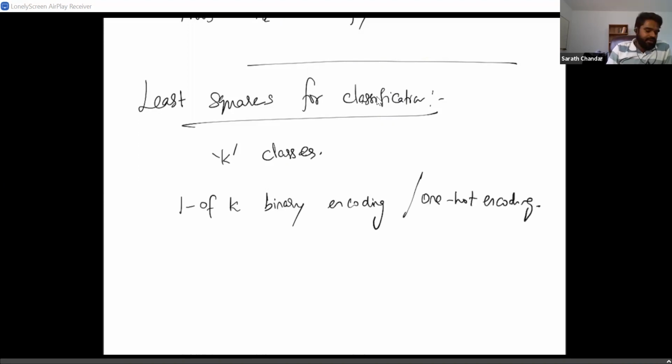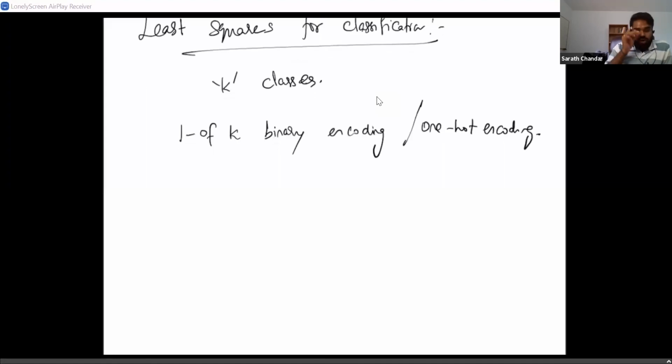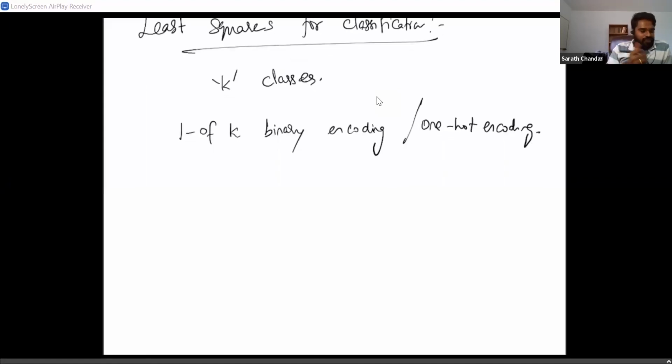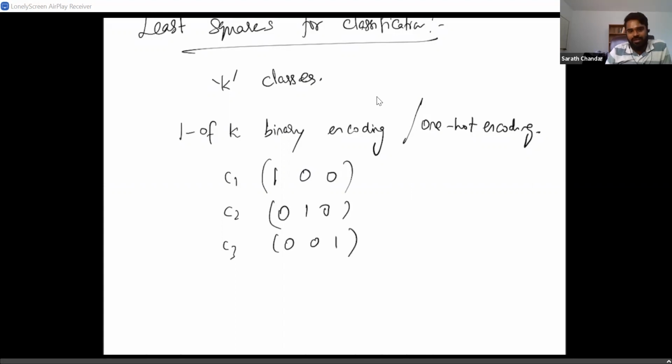So now we have a one hot vector that we are trying to predict. For simplicity, let's say I have C1, C2, C3. The one hot vector for C1 is given by 1, 0, 0. For class 2, it is 0, 1, 0. For class 3, it's 0, 0, 1. This is what we are trying to predict.